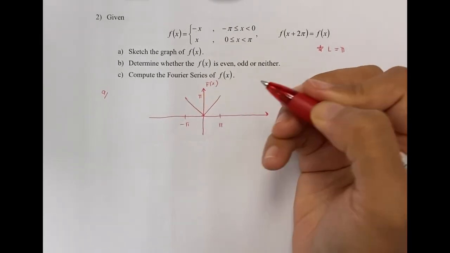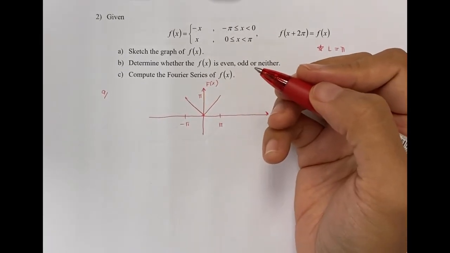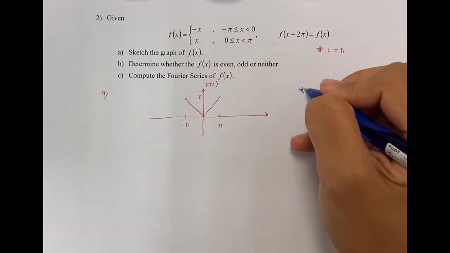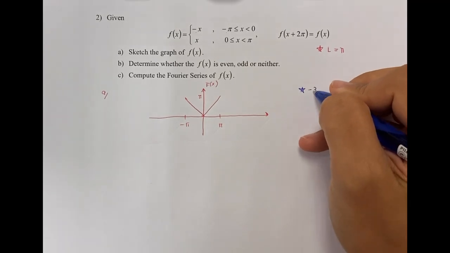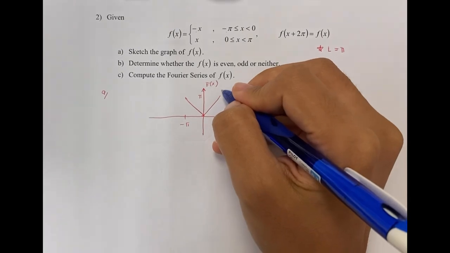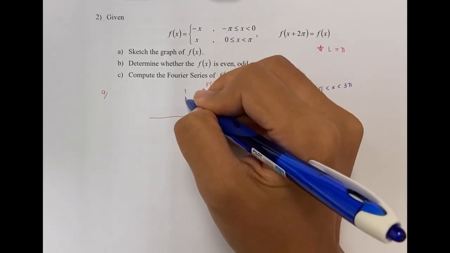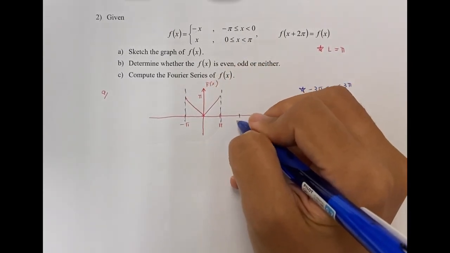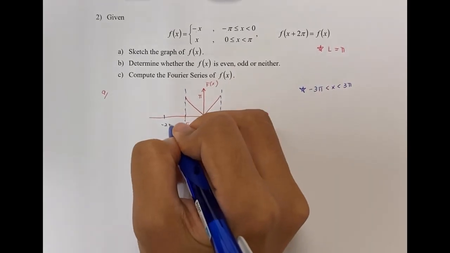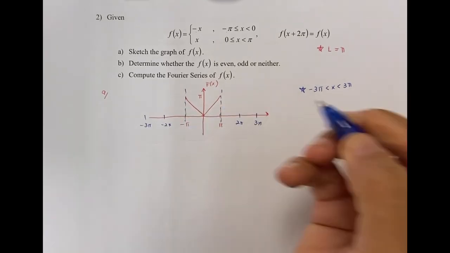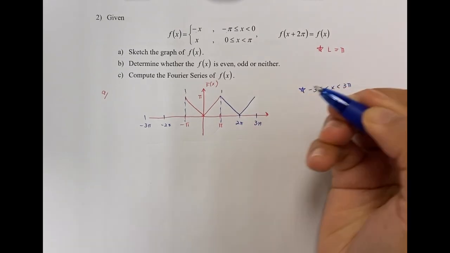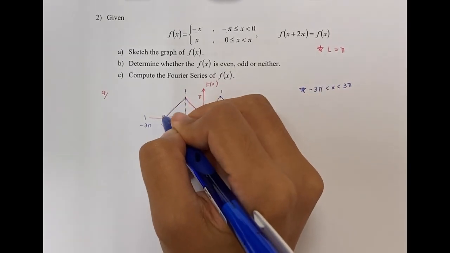Okay, so this is your graph. And again, if I extend this to negative 3 pi to 3 pi, this is your period, first period, negative pi to pi. Then you have 2 pi, 3 pi, and negative 2 pi, negative 3 pi. So you just repeat the same line. Okay, so you have this kind of graph.